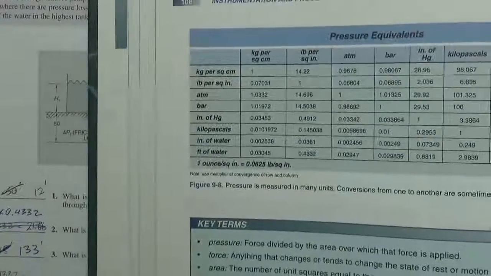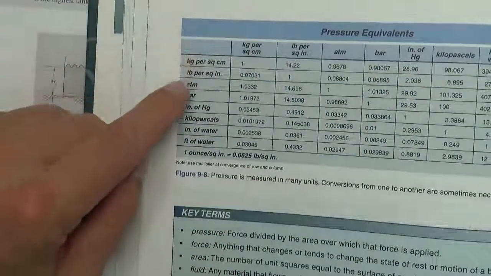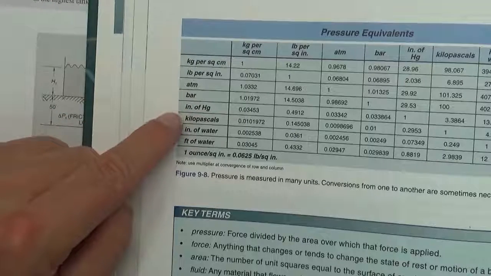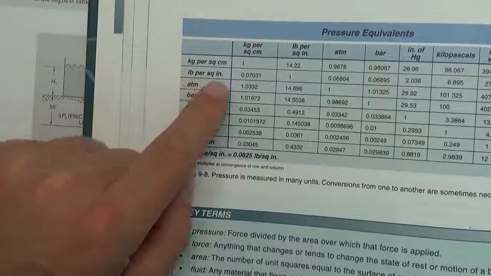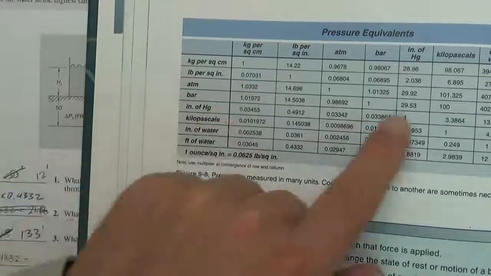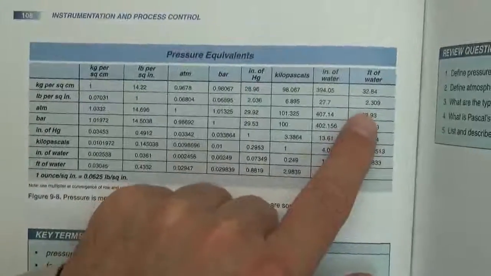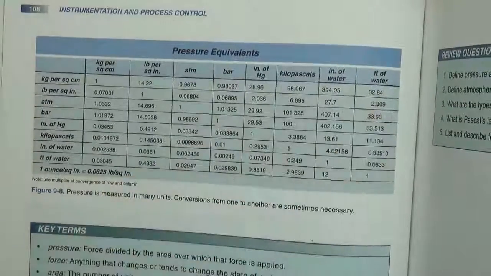Here's my table on page 108. So I go down here to psi, pounds per square inch. 1 psi equals, there it is, 2.309 feet of water.